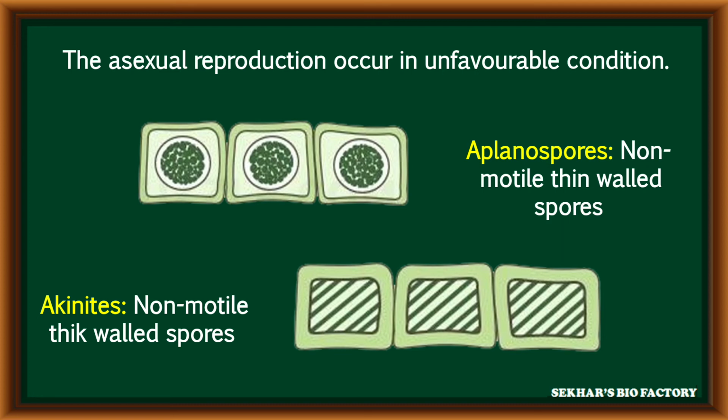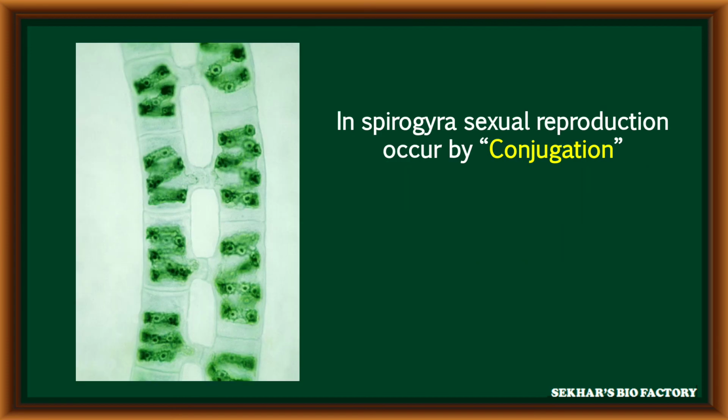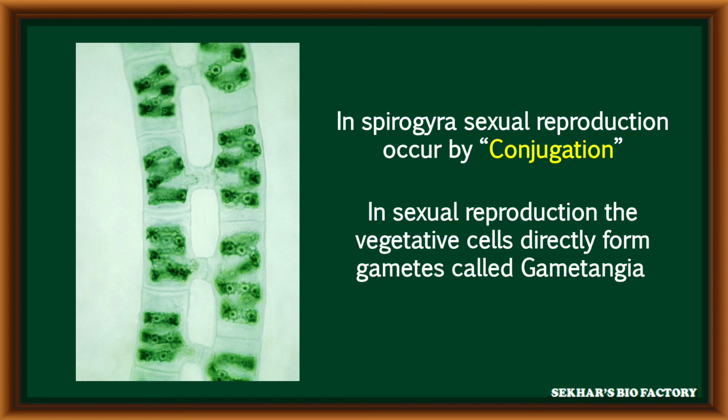With the help of aplanospores and akinetes, asexual reproduction takes place under unfavorable conditions. In Spirogyra, sexual reproduction takes place by a method called conjugation. In sexual reproduction, the vegetative cells directly form gametes. Such cells are called gametangia.